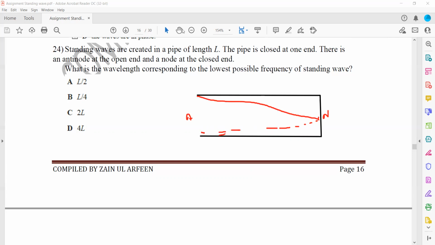So the distance between the node and antinode is equal to a quarter of the wavelength. So L is equal to lambda by 4 or wavelength is equal to 4L. So what is the wavelength corresponding to the lowest possible frequency? The wavelength is equal to 4 times the length, or 4L.